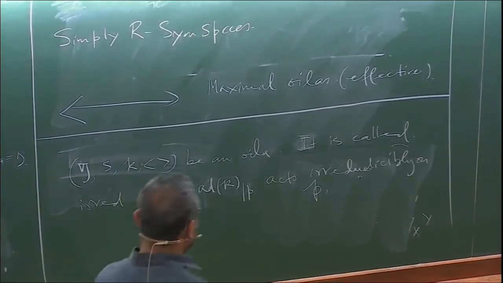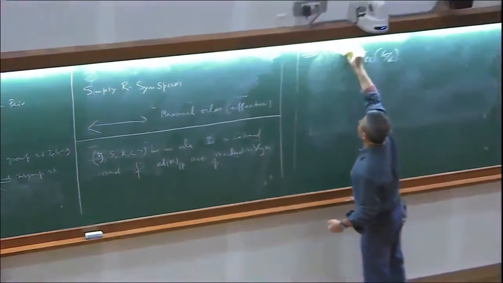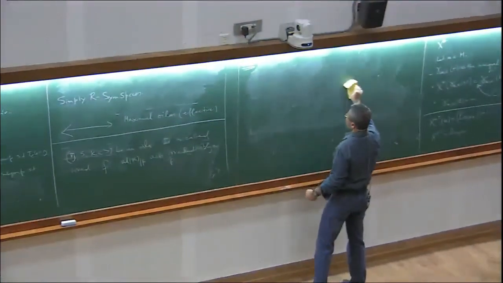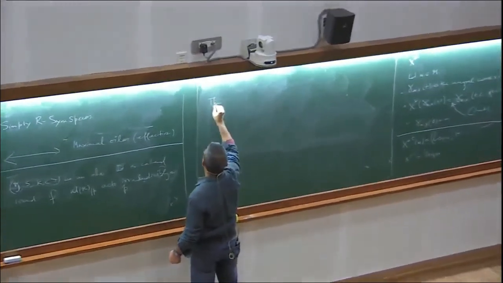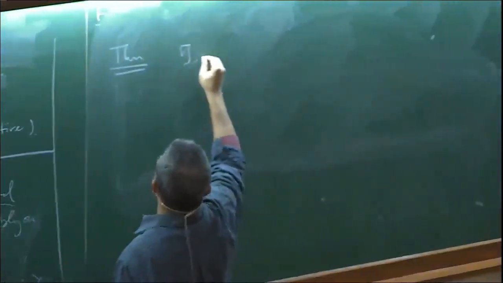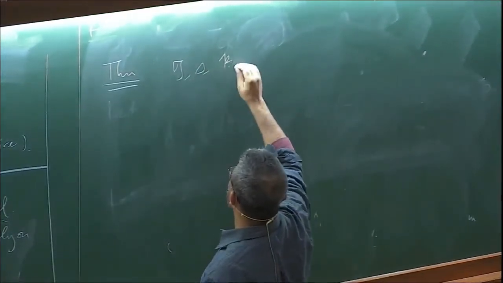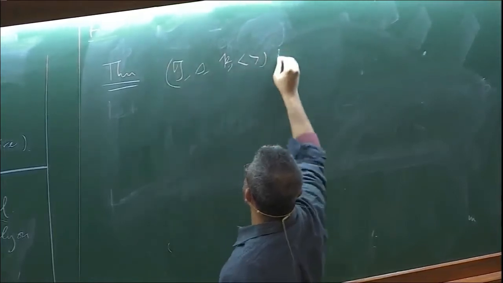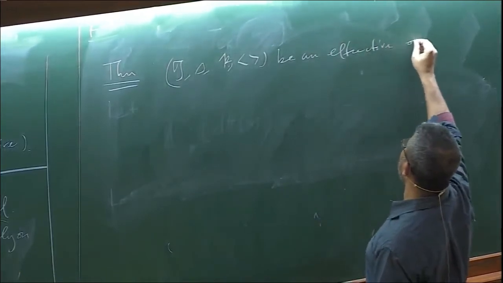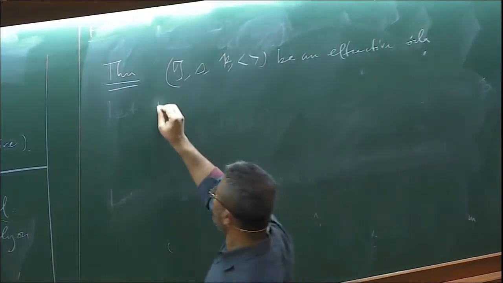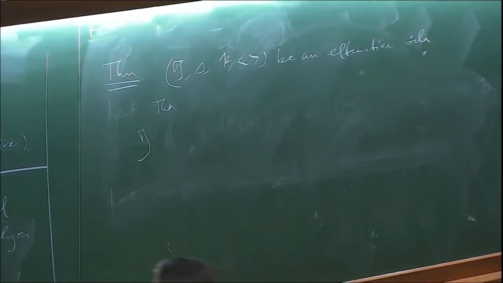Okay, so here is a final theorem about symmetric spaces, as far as the classification is concerned. So here, theorem: let (G, S, K) be an effective OILA, then, so another definition here.